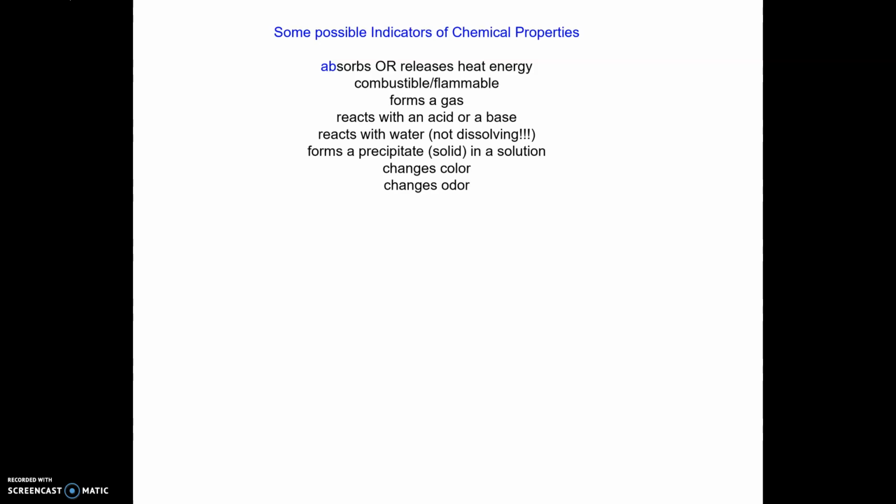This is reacting with water and changing into something new. If it forms a precipitate, that means a solid in a solution. If it changes color or there's a change in odor, those are all indicators of a chemical change. These are chemical properties of a substance.